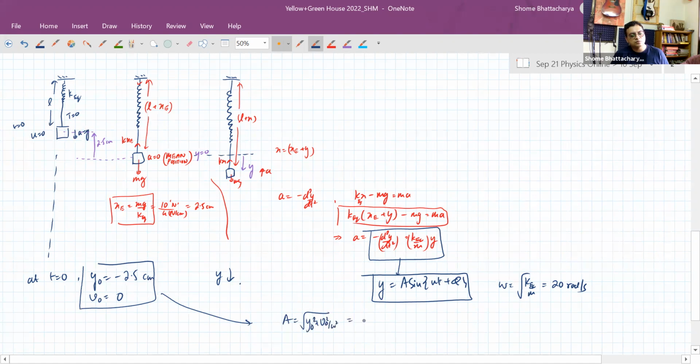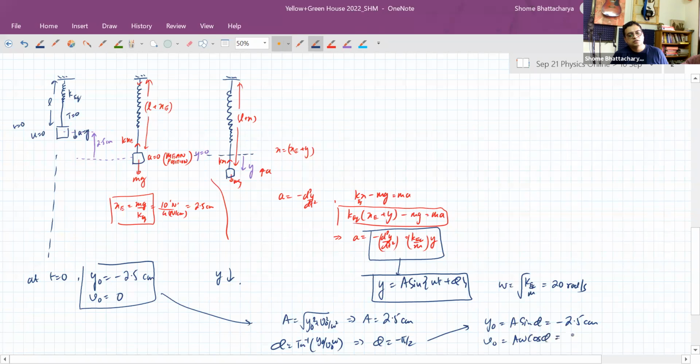So the amplitude will come out to be 2.5 centimeters, and the phase will come out to be minus pi by 2. Why minus pi by 2? Because y naught, which is A sine phi, is minus 2.5 centimeters. And v naught, which is A omega cos phi, is 0. So cos phi is 0 and sine phi is negative. This means phi is minus pi by 2.